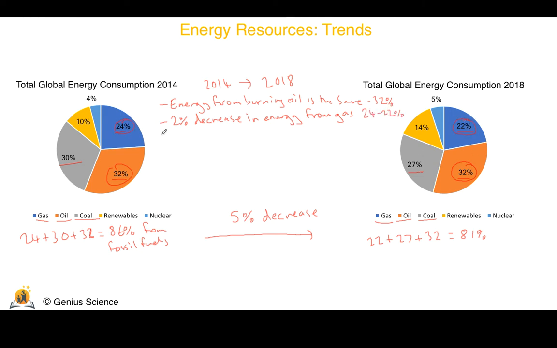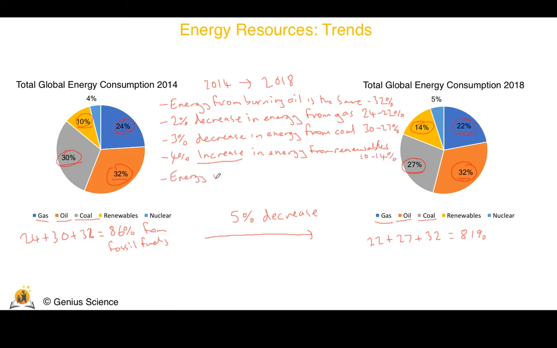There has also been a 3% decrease in energy consumed from coal, from 30% down to 27%. There has been a 4% increase in energy consumed from renewables, from 10% in 2014 to 14% in 2018. And energy consumed from nuclear sources has increased by 1%, so from 4 to 5%.